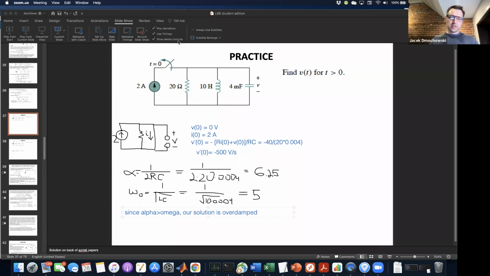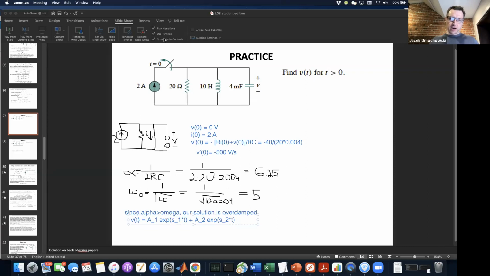In which case, we know that our solution becomes V of t is equal to A1 exponent S1 times t plus A2 exponent S2 times t. So this is our general form, and we're about to solve for S1 and S2.